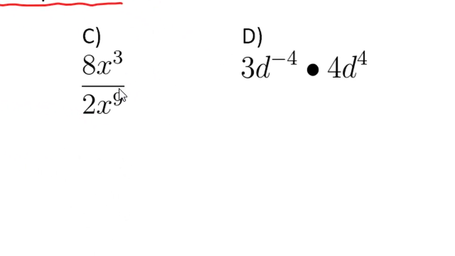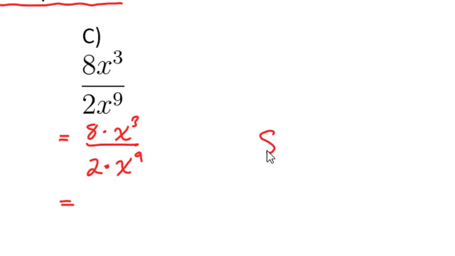Letter C, we have a quotient 8x cubed divided by 2x to the ninth. So let's rewrite this as 8 times x cubed divided by 2 times x to the ninth. Here we could be a little bit creative with the 8. Do you know what 8 as a power of 2 is?